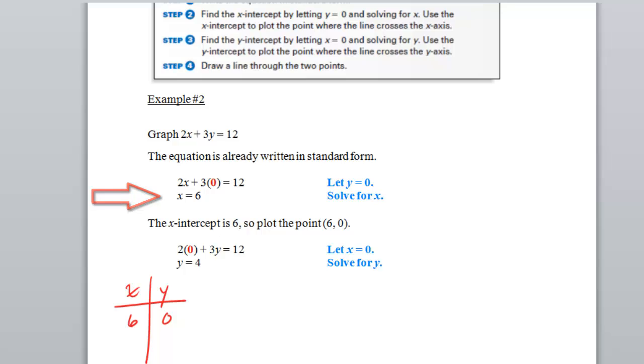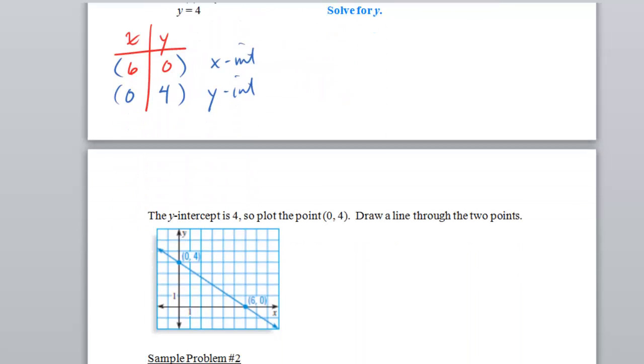Then I can do the opposite process: plug in a 0 for the x, and that gives me a y of 4. That's going to give me an x-intercept and a y-intercept. All I would have to do is simply plot those 2 points and draw the line. That would be a very easy way for us to do this.